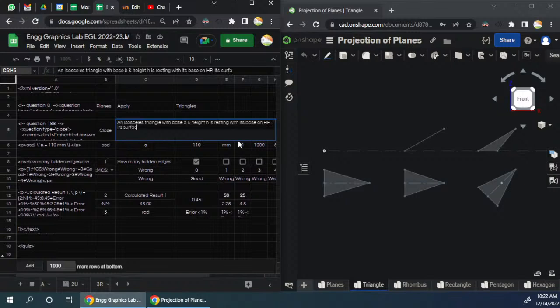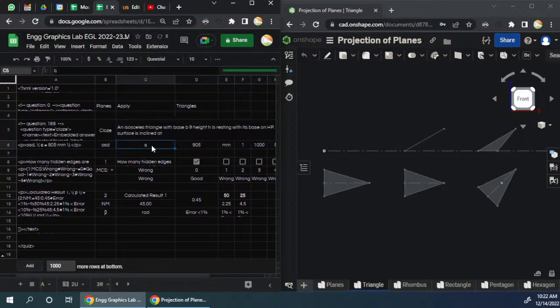Its surface is inclined at, okay, so let's say we'll have to take some angle over here, so let's call this alpha.